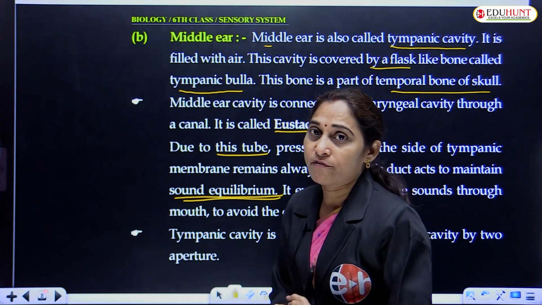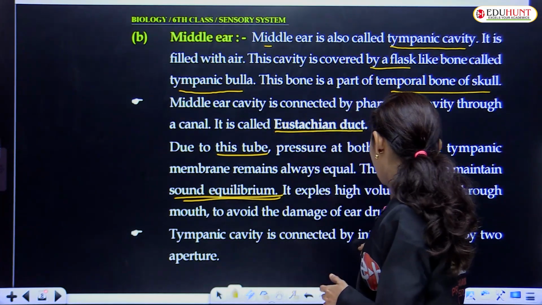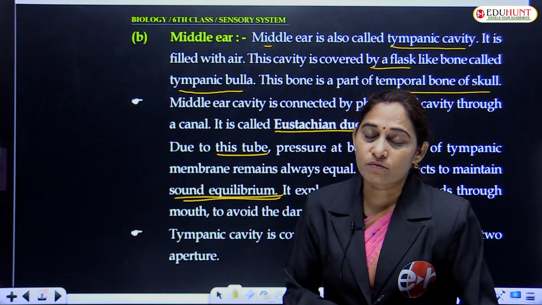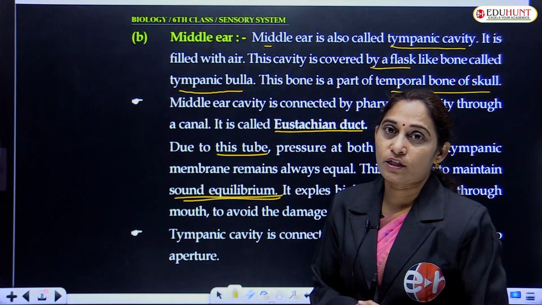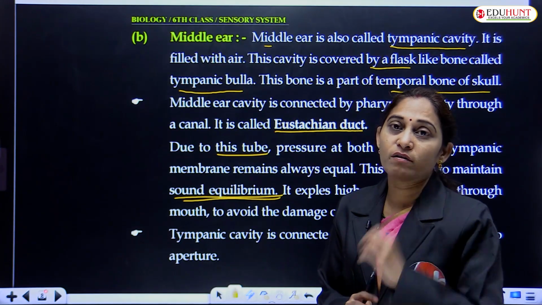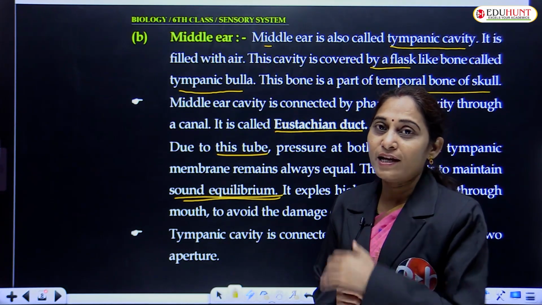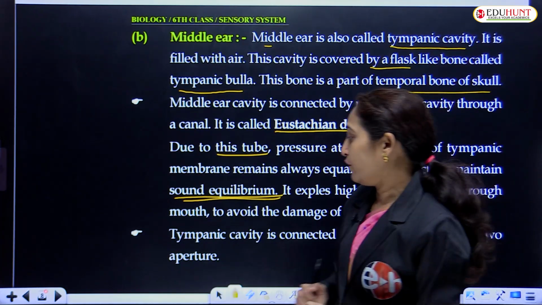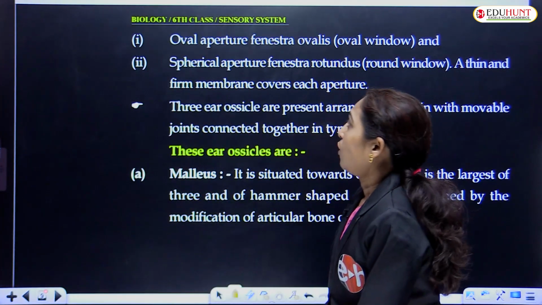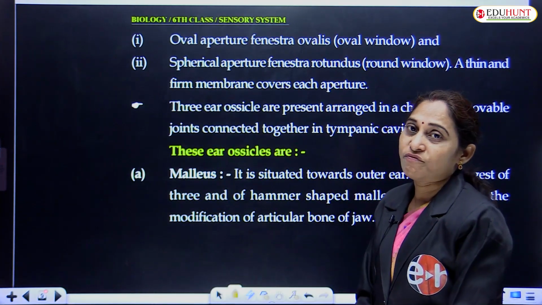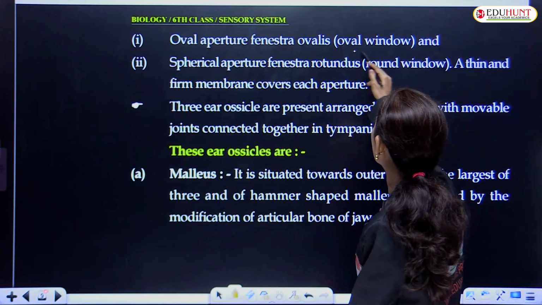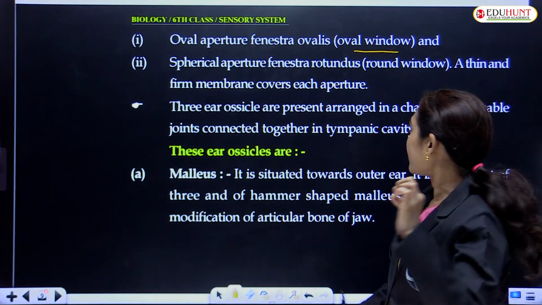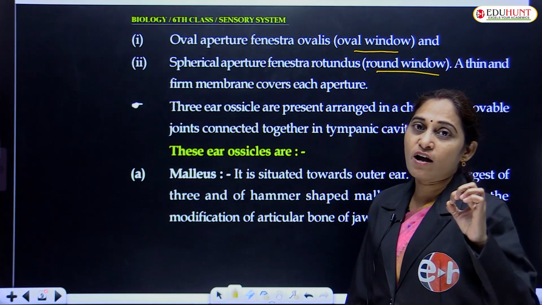One is the oval aperture called the oval window, fenestra ovalis, and the second is the spherical or round window, fenestra rotundus.